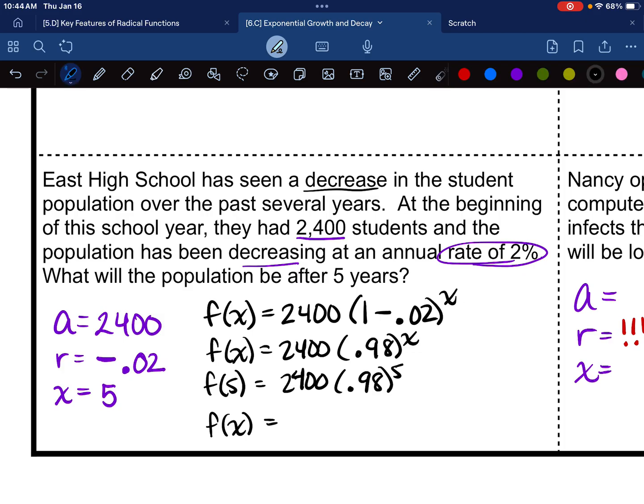So in this case, I have 2,169. Now these are people, right? These are human beings, so I'm not going to have any weird decimals on that because you can't have part of a person. And it was 0.4, so this is going to stay at 69.